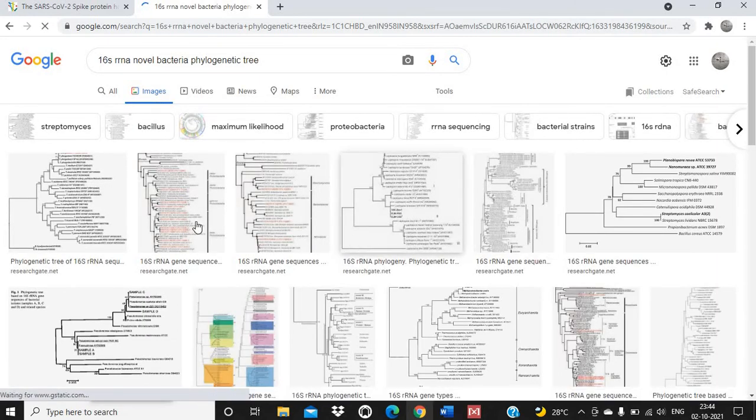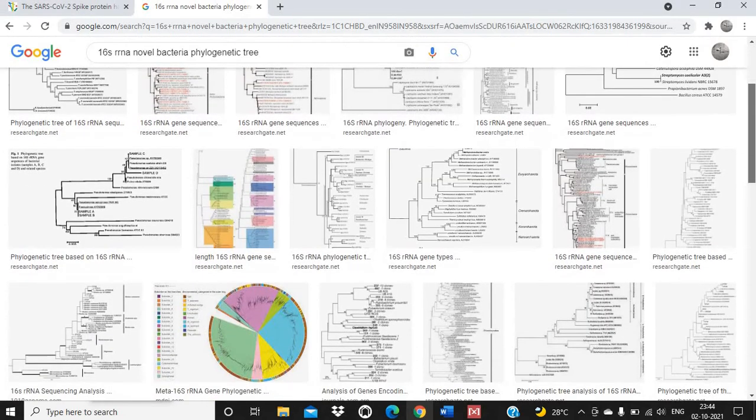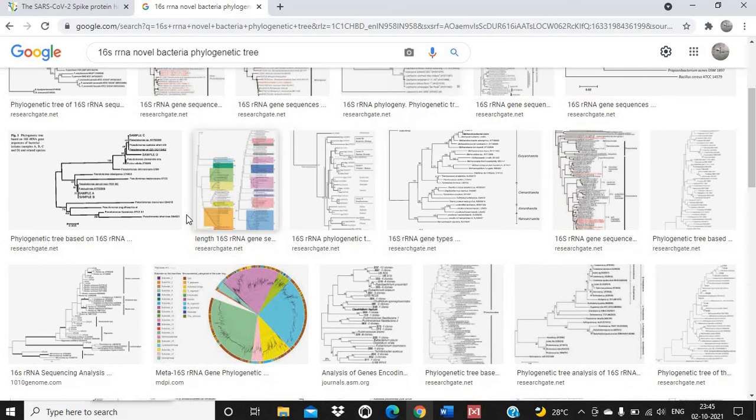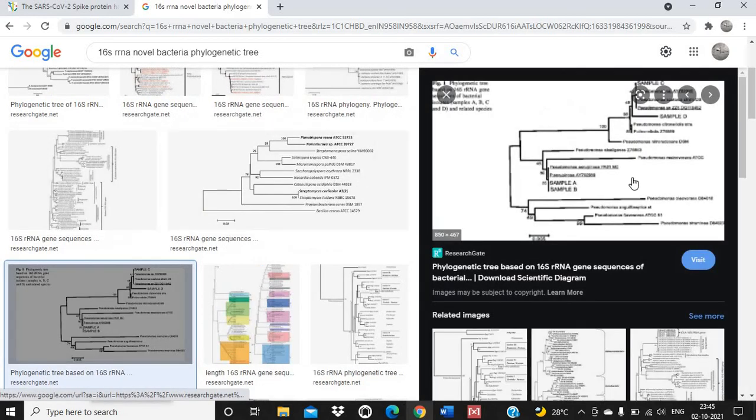So in this way, researchers use a phylogenetic tree to establish the relationship of a novel bacterial strain with the known bacterial strains.